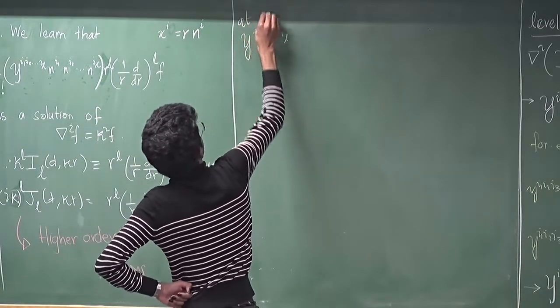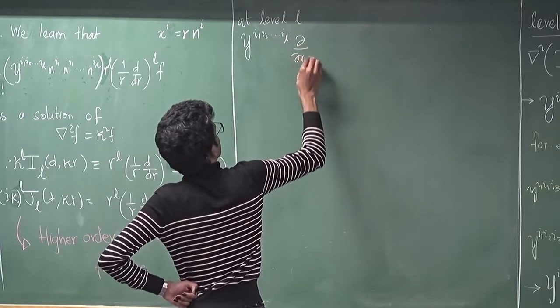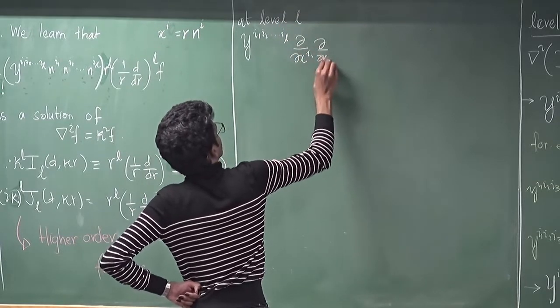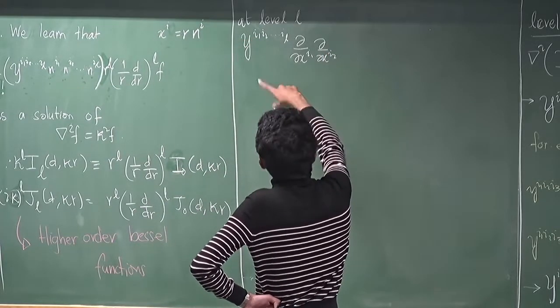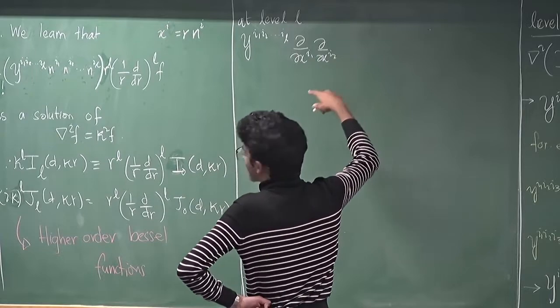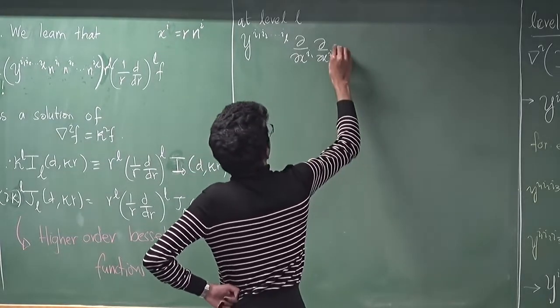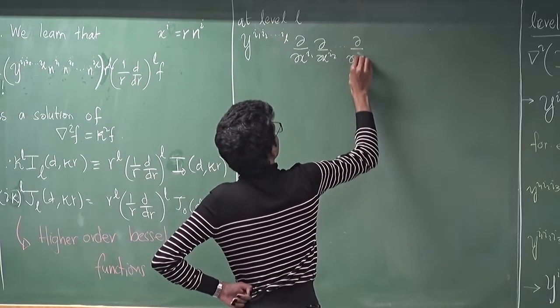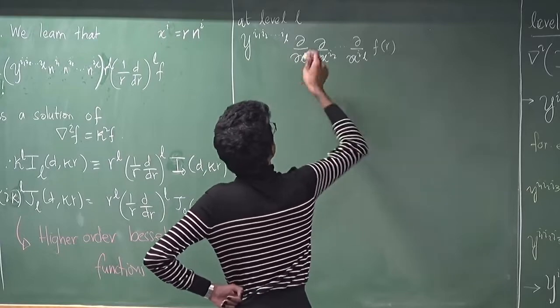That's not the right starting point. Let me start here. At level L, this is what one needs to do. I'm not keeping track of this 1 by L factorial because that's not really necessary here. It's just a normalization. But I'll keep track of it in my notes. Over iL, right, acting on some f of r is the Lth level solution.